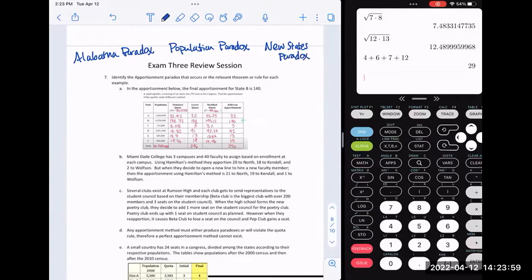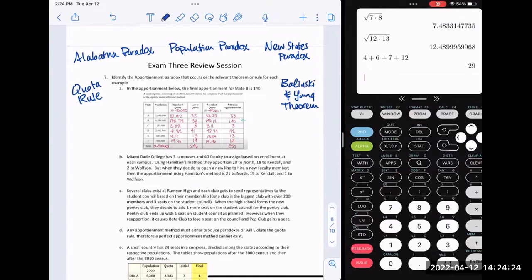So those are our 3 paradoxes. There's also the quota rule, and then there's also the Balinski and Young theorem. So these are 5 things that you will not find on the reference sheet that you do need to know.